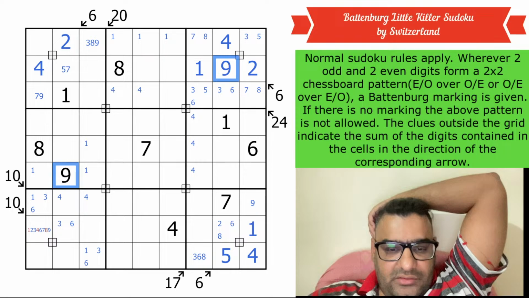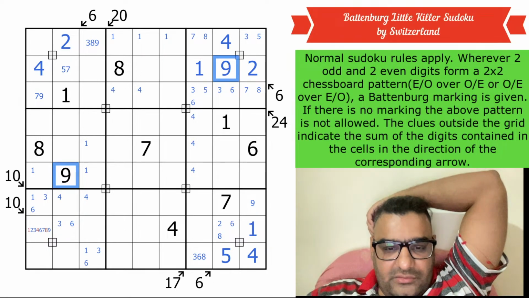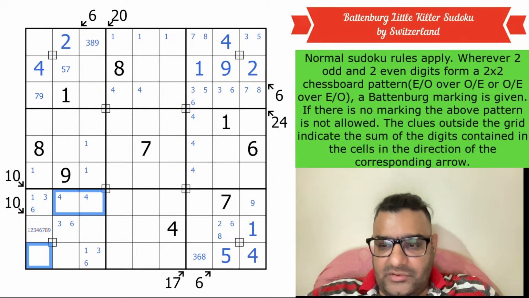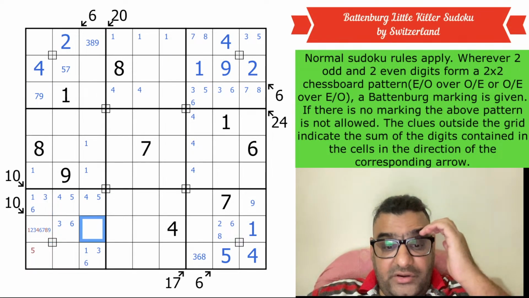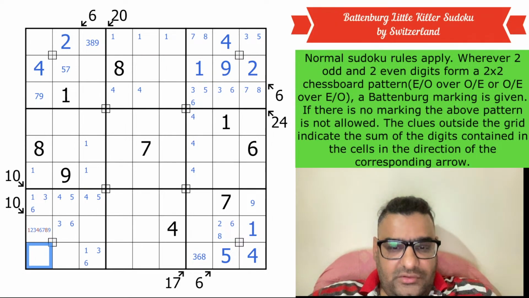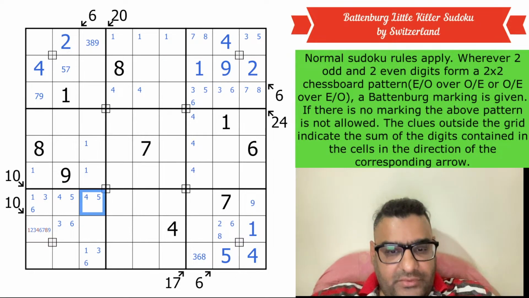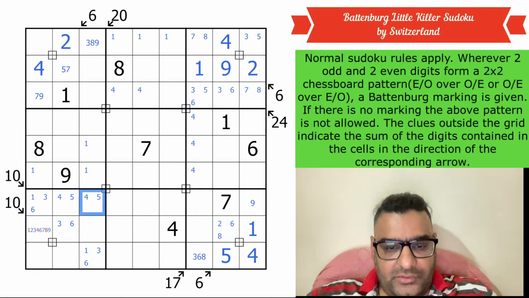So, okay, it means these three numbers cannot have a 5. These two numbers are definitely 4. Then this number should have a 5 too. And we already know this cannot be a 5. So this is going to be a combination of 4 and 5 in reverse order. One would be 5, one would be 4.